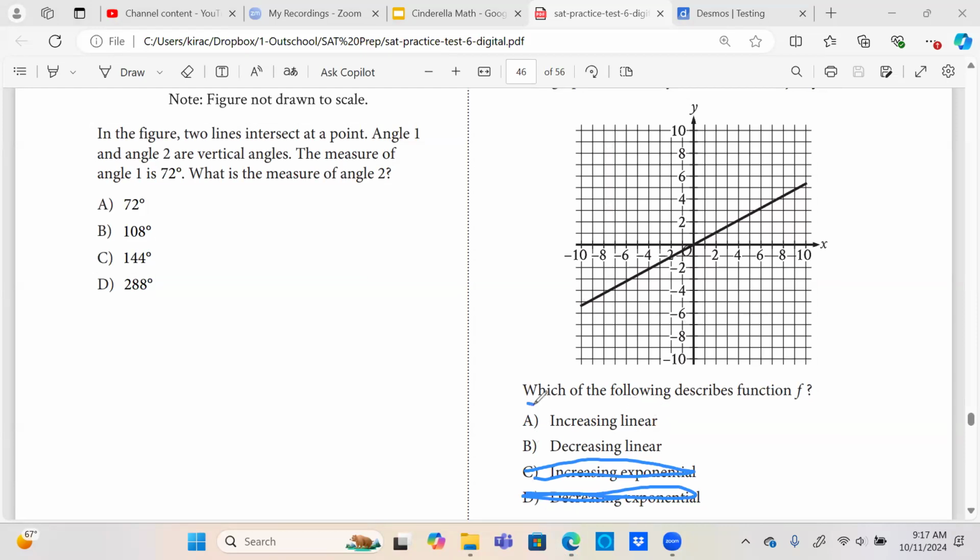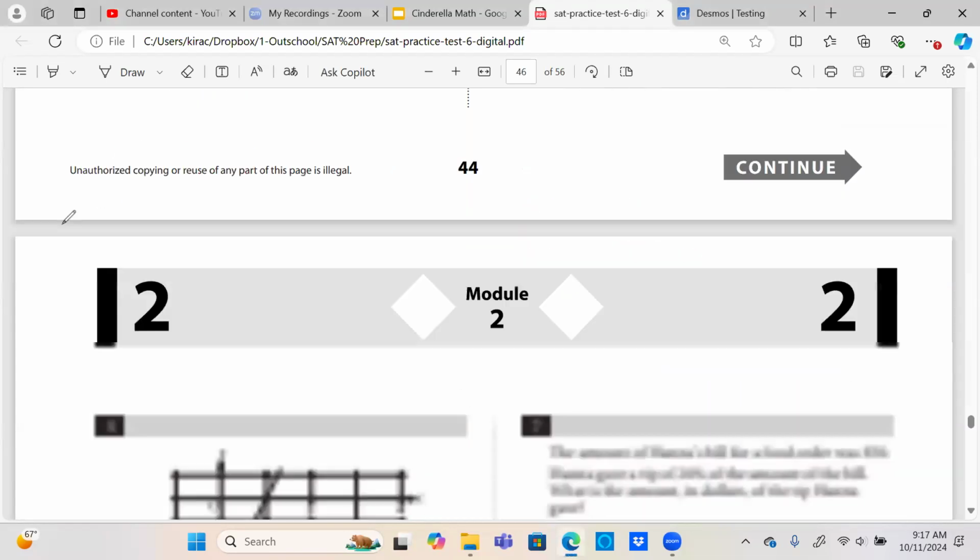And then we're going to pick A because it's increasing. If you start on the left side, you're going up, up, up. Usually we would say the slope is positive, but we could also say that it is increasing. All righty, so that was A. Next page.